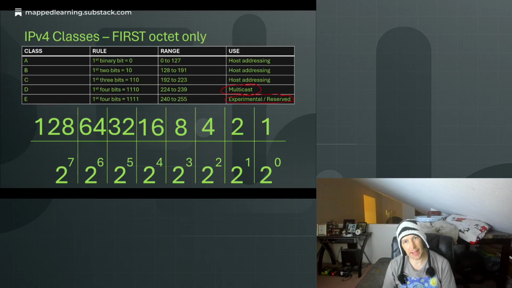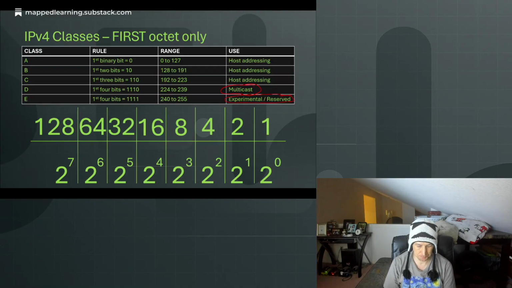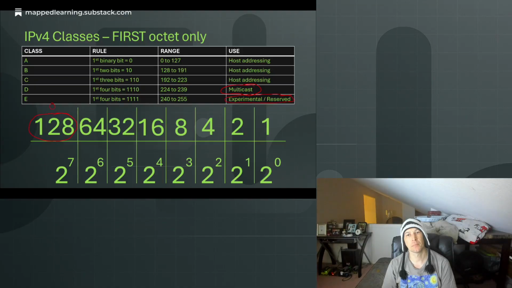For Class A addresses, when you're looking at the first octet, the very first binary bit on the left must be a 0. So if we're looking at this scale at the bottom, we're talking about this bit right here, where the 128 is. This binary bit must be 0.